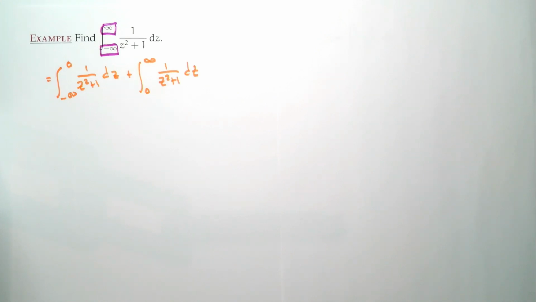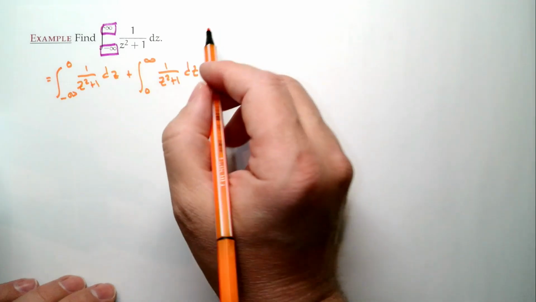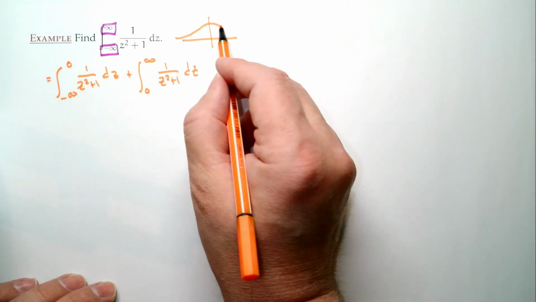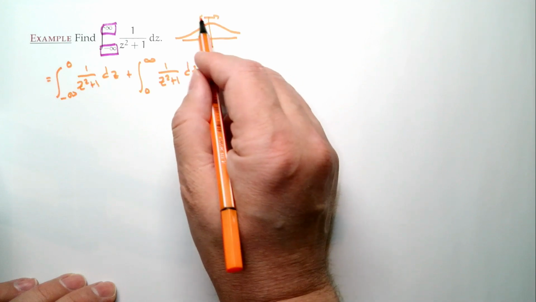But really, I know something about 1 over z squared plus 1. Now, this is not an odd function, but it is another type of function. Do you recall what this is? It's an even function. What does that mean? Well, an even function is one where there's nice symmetry across the y-axis.